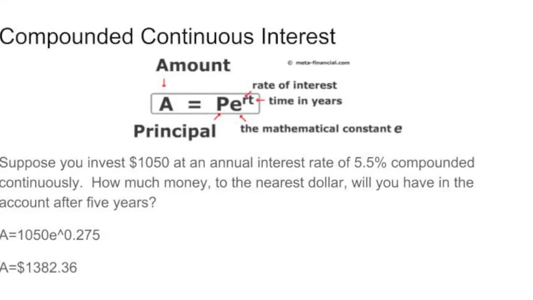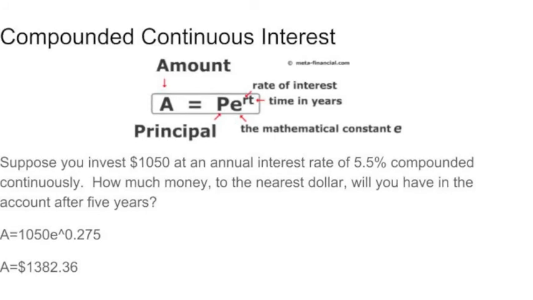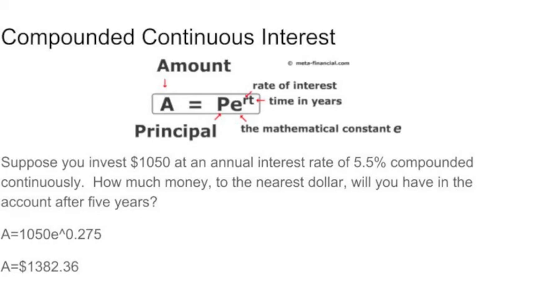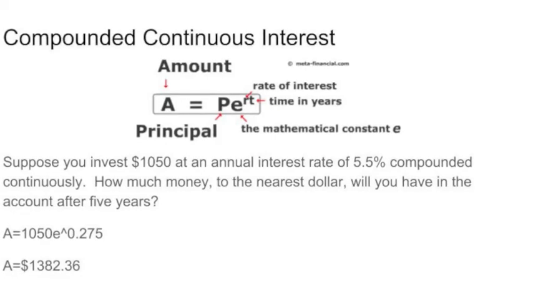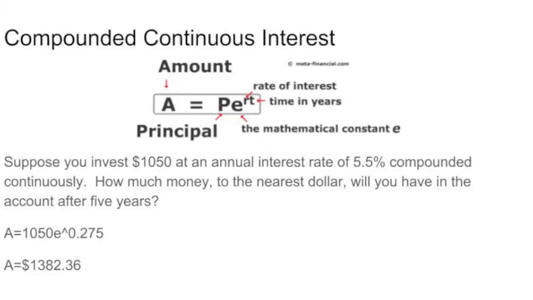It actually has a value. If you typed e in your calculator and hit enter, you would get a number like, actually let me type it in quick, it's 2.718. It's kind of like pi. It's a symbol that represents a number. t is time in years, and r is the interest rate, again, as a decimal.